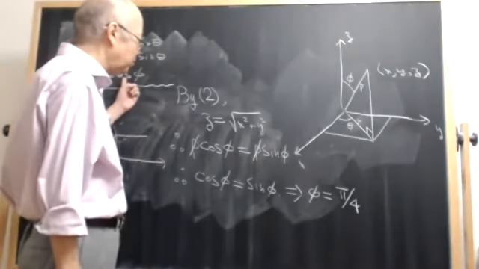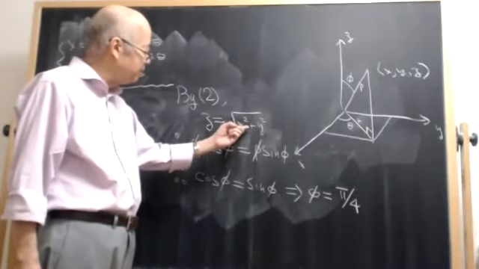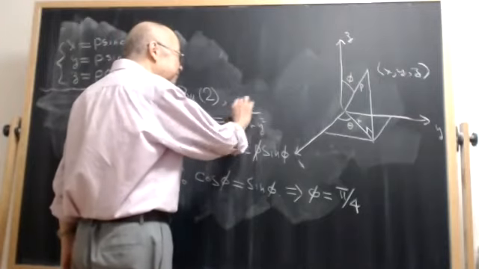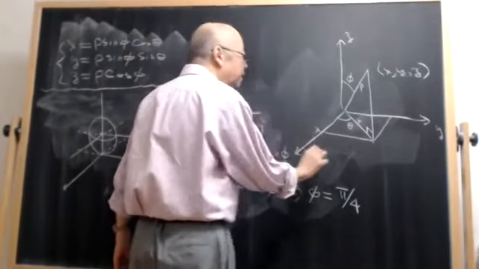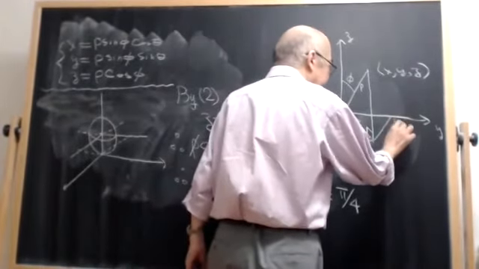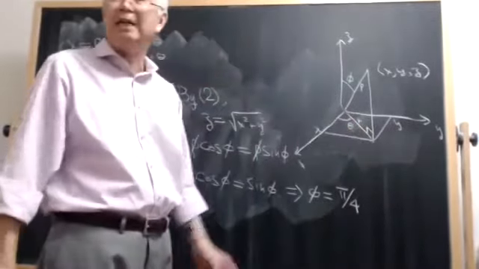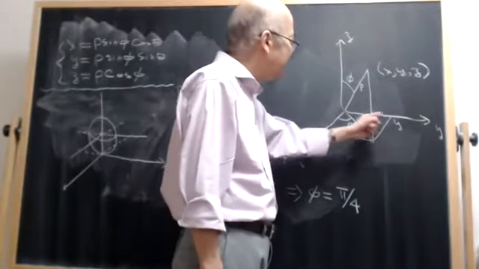It's rho cosine phi, and then I explain this is equal to R. X squared plus y squared square root is equal to R. Again, you have to be able to see that this is a square.